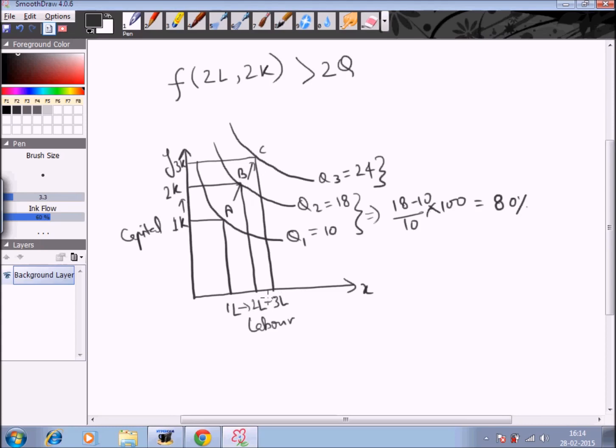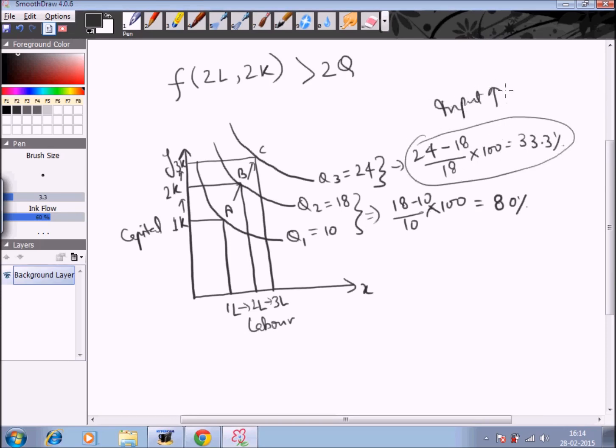Similarly, when we are moving from point B to point C, that is, we are increasing the use of labor and capital by 50%, but our output increases only by 33.3%. We can calculate it as follows, that is, final output minus initial output upon initial output into 100, which is equal to 33.3%. So in this case, the input increases by 50%, but the output increases only by 33.3%.